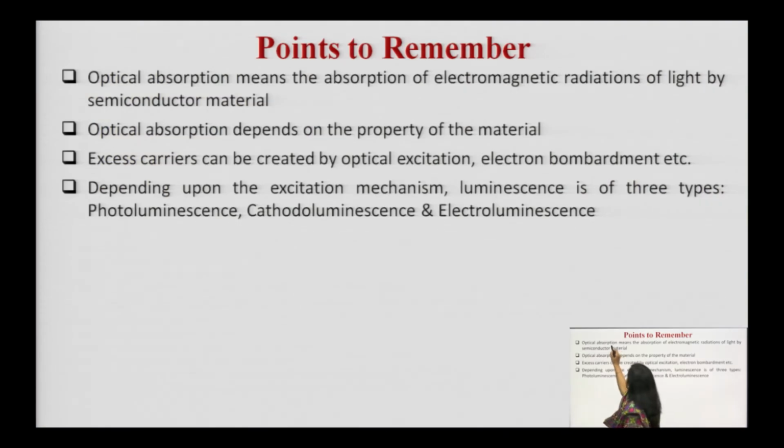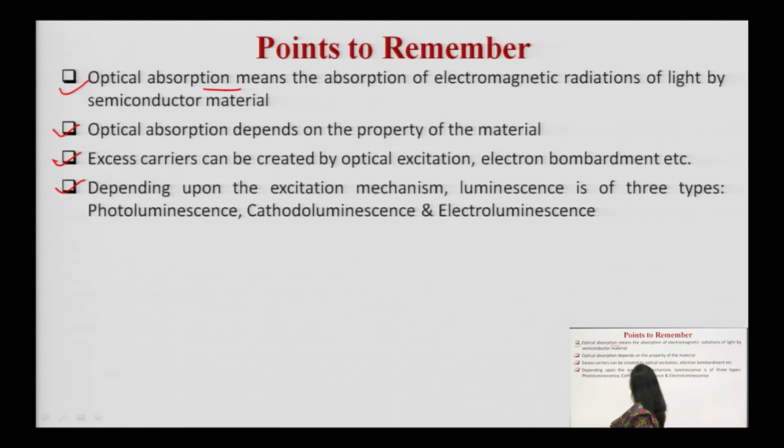Optical absorption means absorption of electromagnetic radiation or light by semiconductor material. Optical absorption depends upon the property of the material. Excess carriers can be created by various mechanisms, such as optical absorption and electron bombardment.